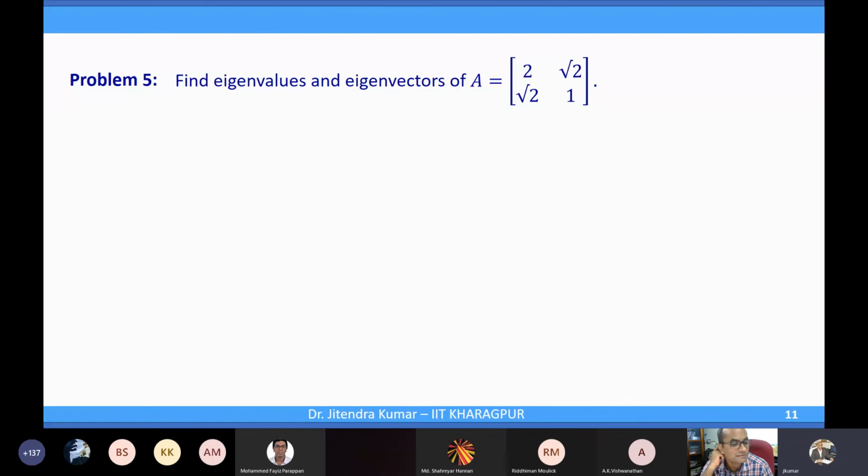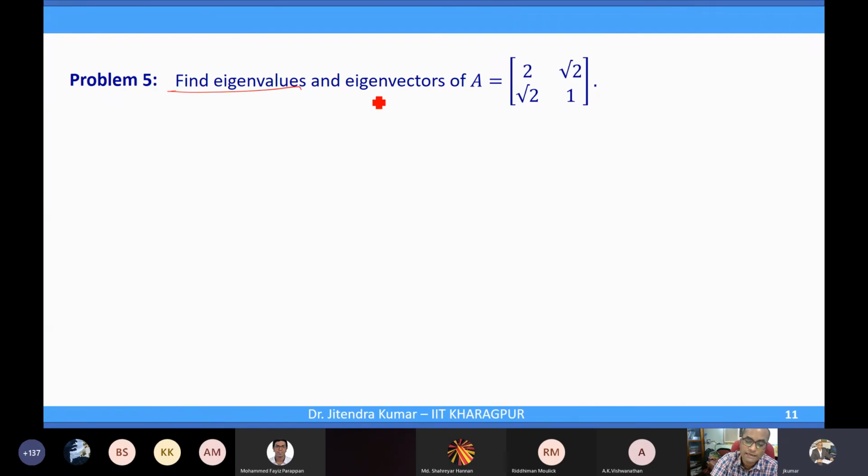We will move to numerical analysis next week, and there you will see how useful these eigenvalues and eigenvectors are.